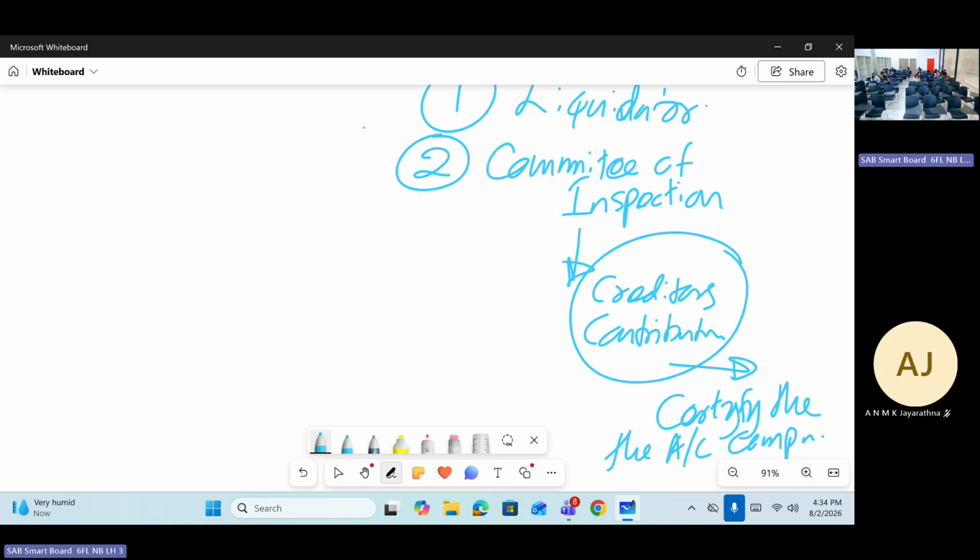For that purpose, a committee is appointed. This committee is named the Committee of Inspection. It consists of a small number of shareholders and creditors. So, in order to appoint the Committee of Inspection, two separate meetings are to be called by the receiver. That's all. This is the procedure under compulsory liquidation.